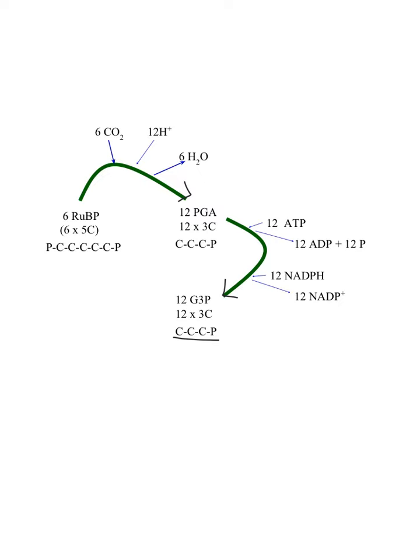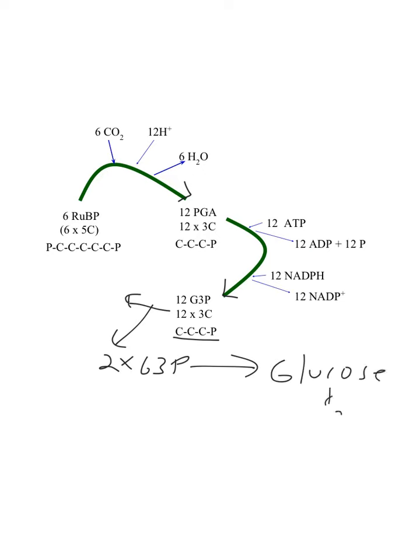So what we're going to do is take 2 of these G3Ps, and we're going to convert that into glucose, plus a couple of phosphates. Awesome. Only thing is we're not quite at a cycle yet, because now we've got 10 G3Ps, 10 PGALs left over, and we need to get back to our original ribulose bisphosphate here.